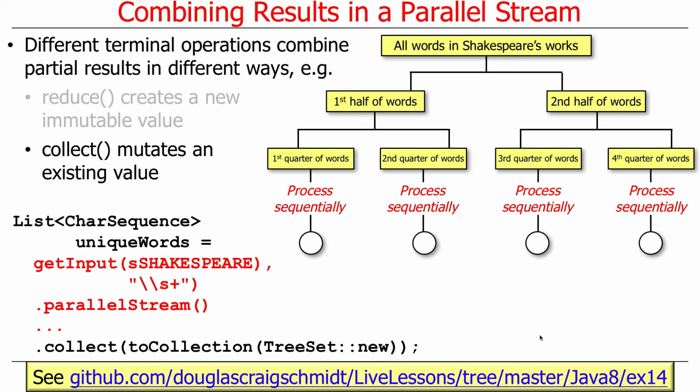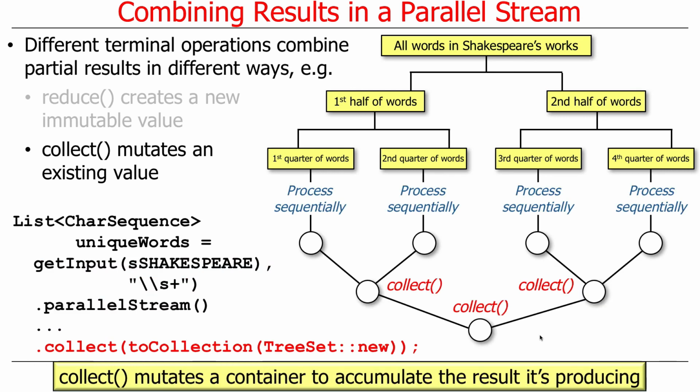It just does something that burns CPU time. And then it collects all the pieces back together. And in this particular case, collect is a container that will accumulate the results that it's producing. So it's going to be adding the results of the merging of these values.